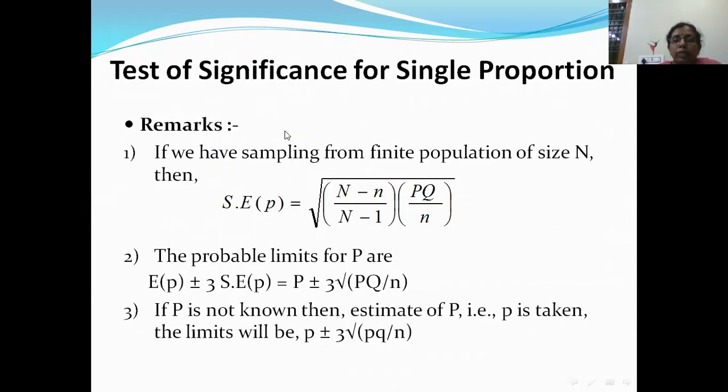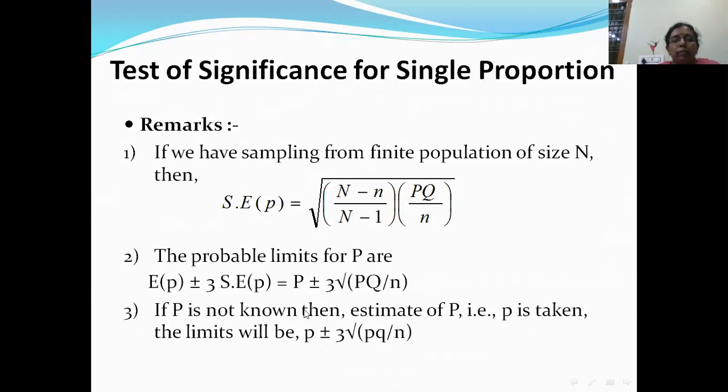Suppose you know the population size capital N, a finite population, then the standard error of p will be root of PQ by n into capital N minus small n by capital N minus 1. Then the limits for the population proportion are expected of small p plus or minus 3 times the standard error of small p. So expected of small p is capital P, plus or minus 3 times root of PQ by n.